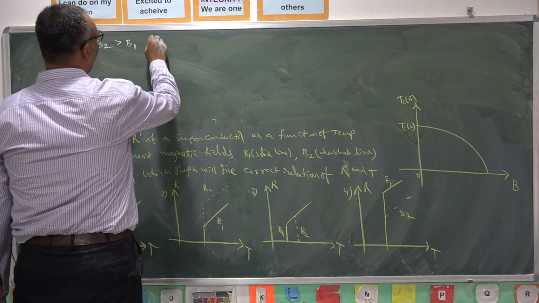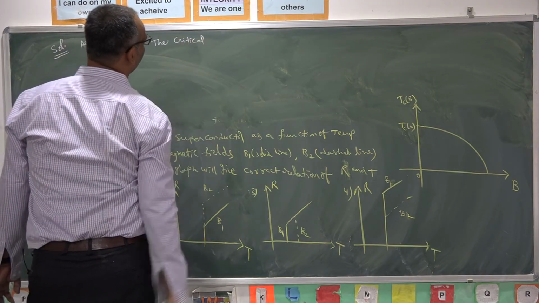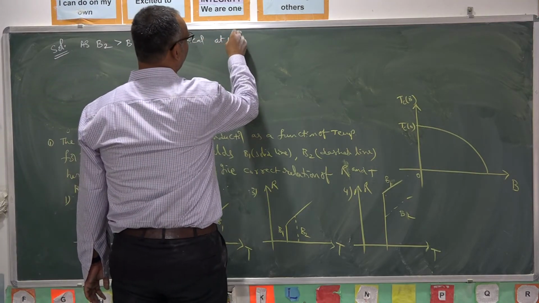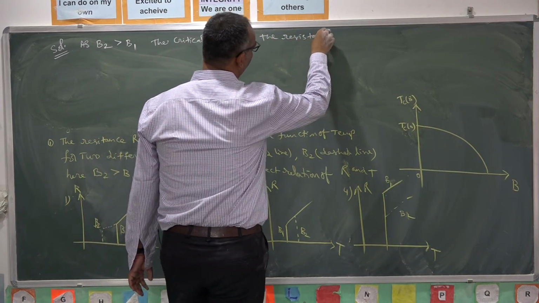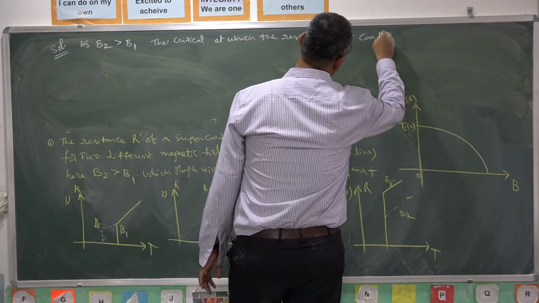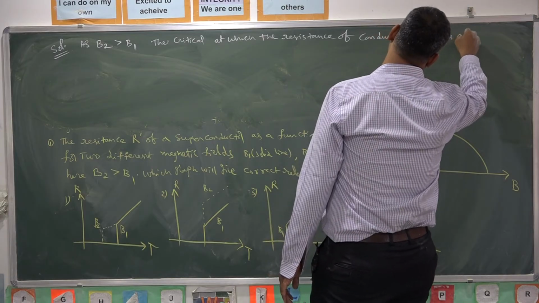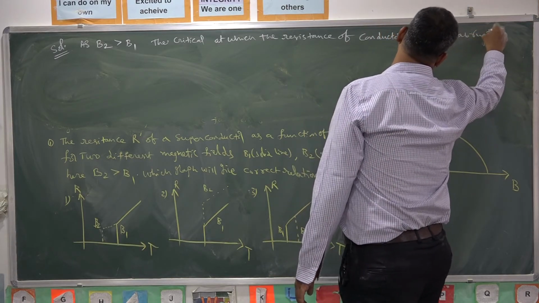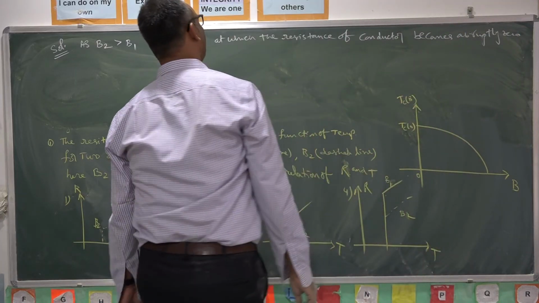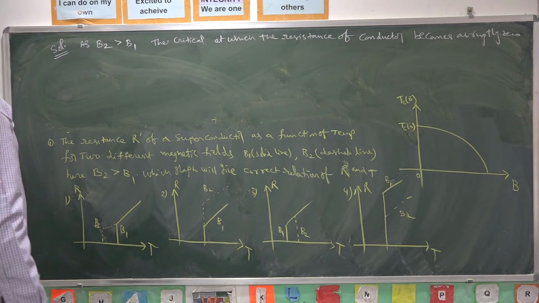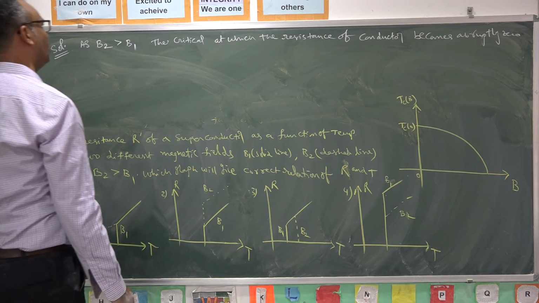the critical temperature at which the resistance of the conductor abruptly becomes 0.